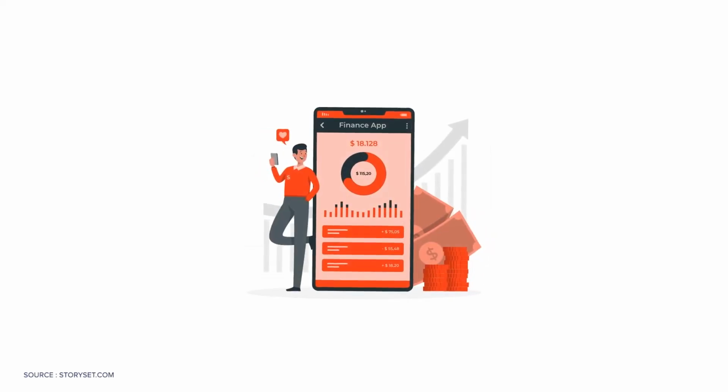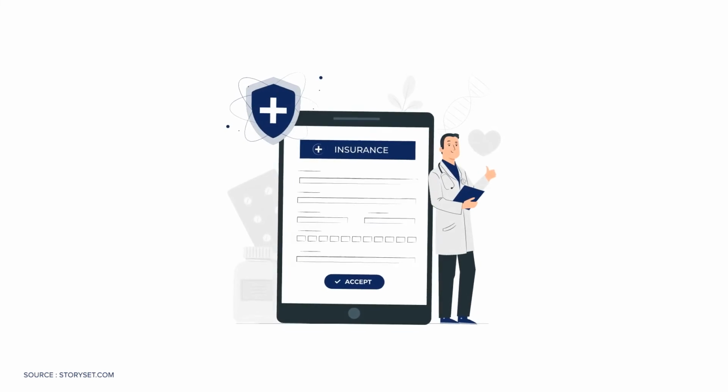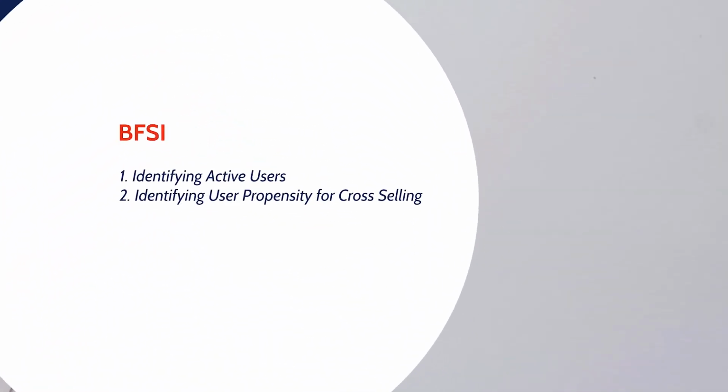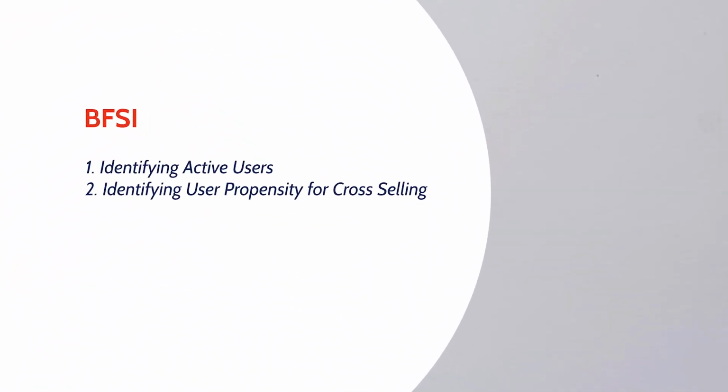So the first and foremost thing for them is to acquire a user who will transact on the platform, right? So if it's a bank account, people who will add funds to the account. If it's insurance, somebody who will renew the insurance, right? So identifying people who will transact and acquiring more such people is a first simple use case for BFSI.